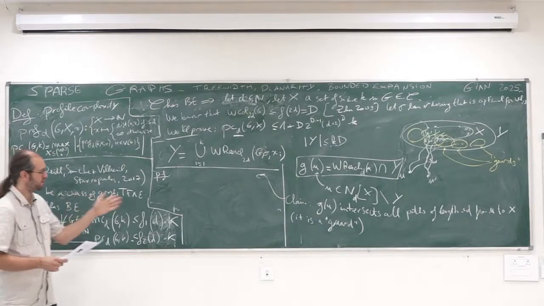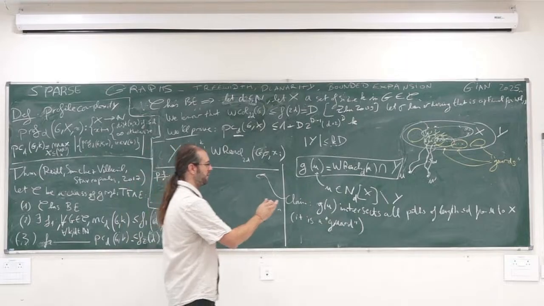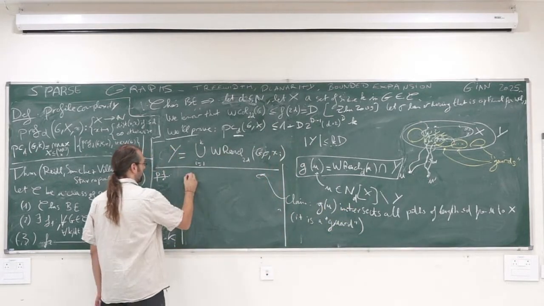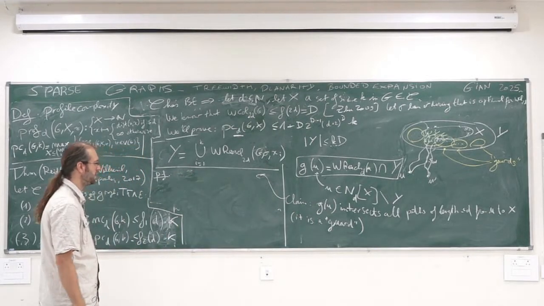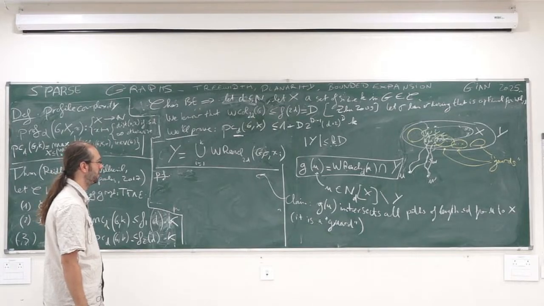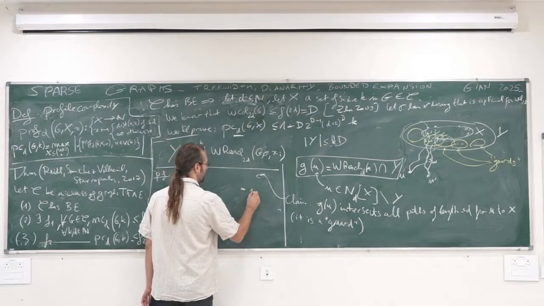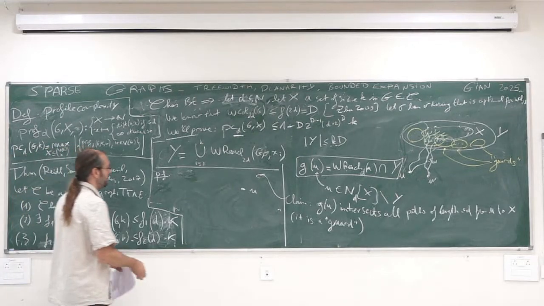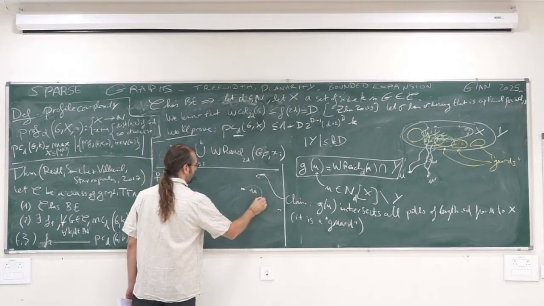So to show this, we take the path from U that intersects all paths of length at most D from U to X. So you have your U, you have some path of length at most D to some vertex of X, any vertex, call it Xi.